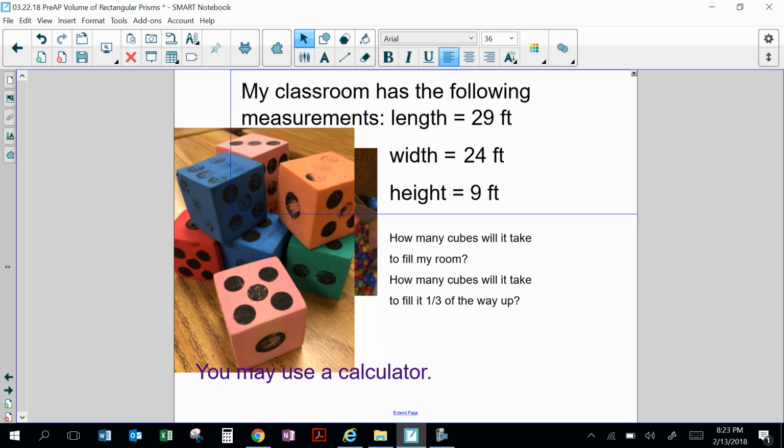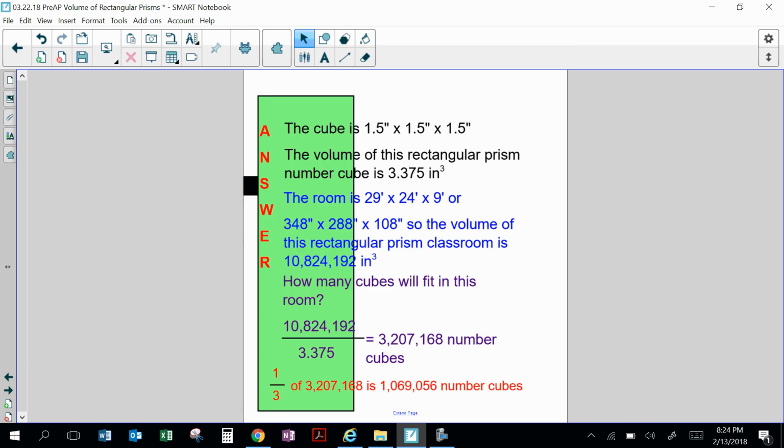You probably need to find the volume of each cube. You would find the area of one base times the height. Well, the cube is 1.5 inches by 1.5 inches by 1.5 inches, so in other words, it's 3.375 cubic inches.